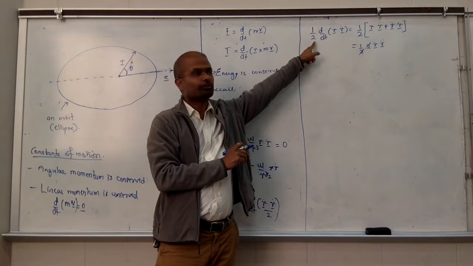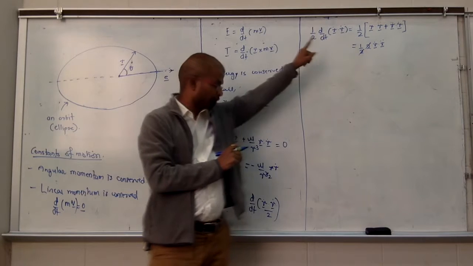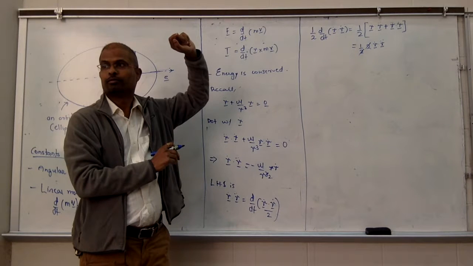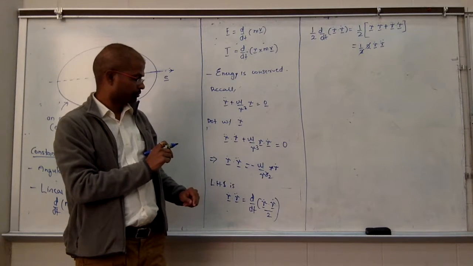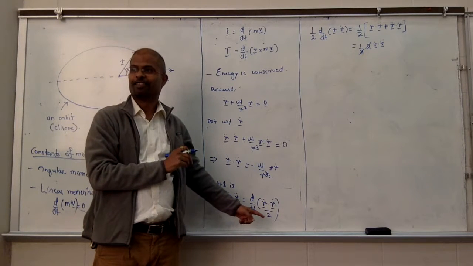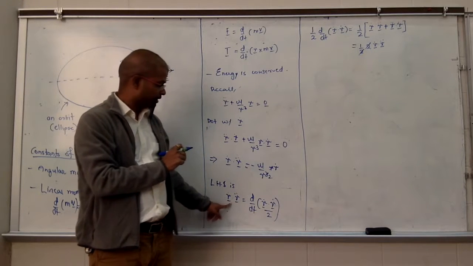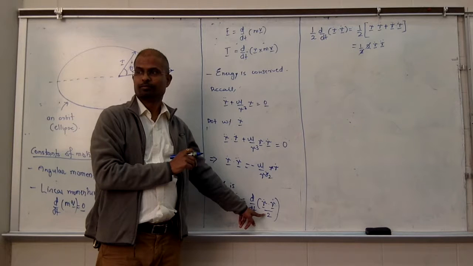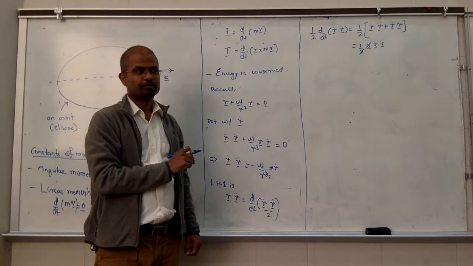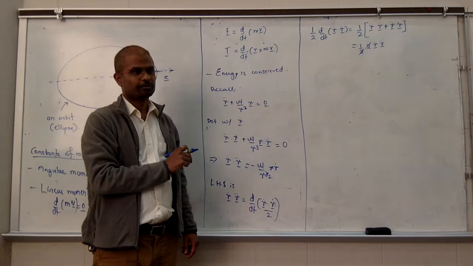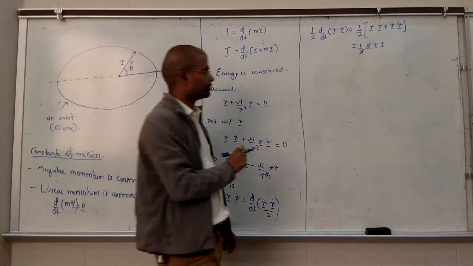You started with half, you can just take the half out and then just find the derivative of R dot, first R dot. Where did the two come from? This divided by two. It's a constant, so you can take it out. Oh, you added it to make it right. Okay, I get it. Okay.